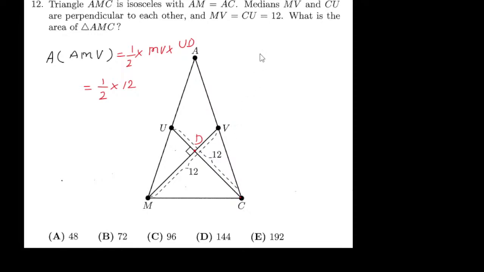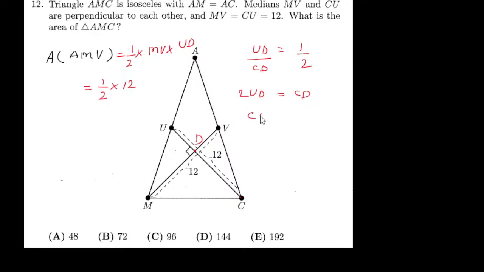So the length UD upon CD is what? It is 1/2. Okay, 1:2. So 2 times UD is CD.